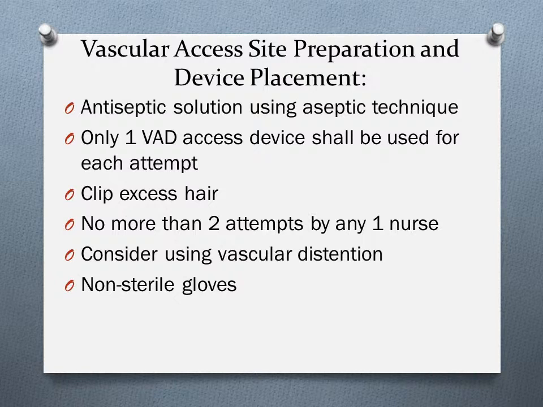Vascular distension can be obtained through tourniquets, by gravity positioning, by placing a warm, dry heat to the extremity that you intend to cannulate, having the patient do the hand pump, or lightly stroking a vein. Some people say you stroke downward. I've always been taught that you stroke upward. Using like the alcohol swab or your chlorhexidine helps that vein pop up.